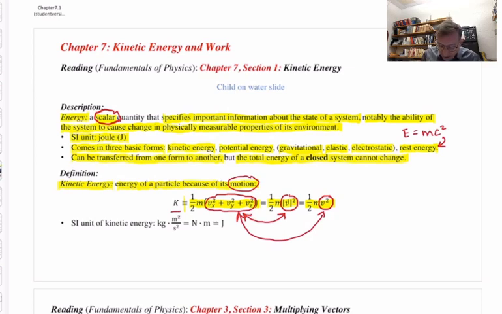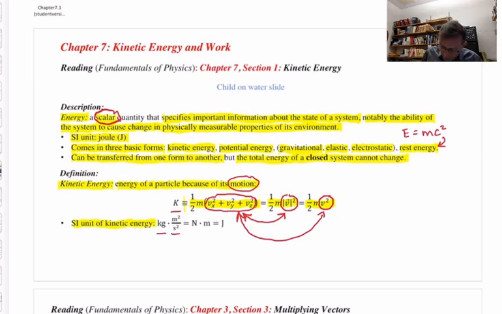What's the SI unit of kinetic energy? Well, look at the definition. It involves mass and speed squared. So the unit must be kilogram, and then for speed squared, meter squared per second squared. Let's just rearrange those units a little bit.